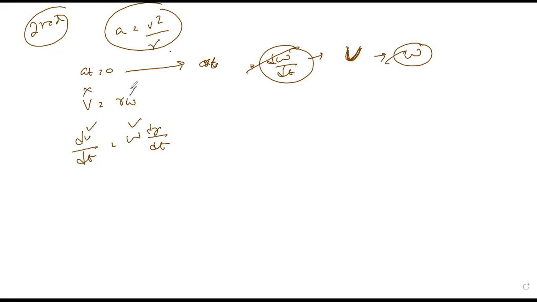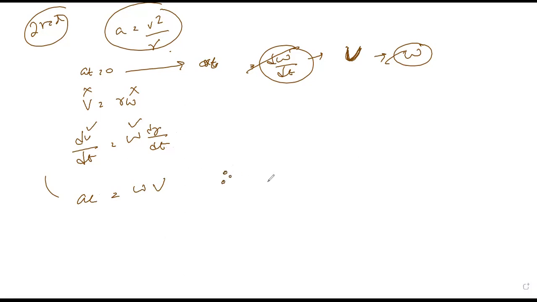So these both don't change. This dv by dt would simply give the constant acceleration or the net acceleration, and dr by dt is simply velocity, the change in displacement with respect to time.